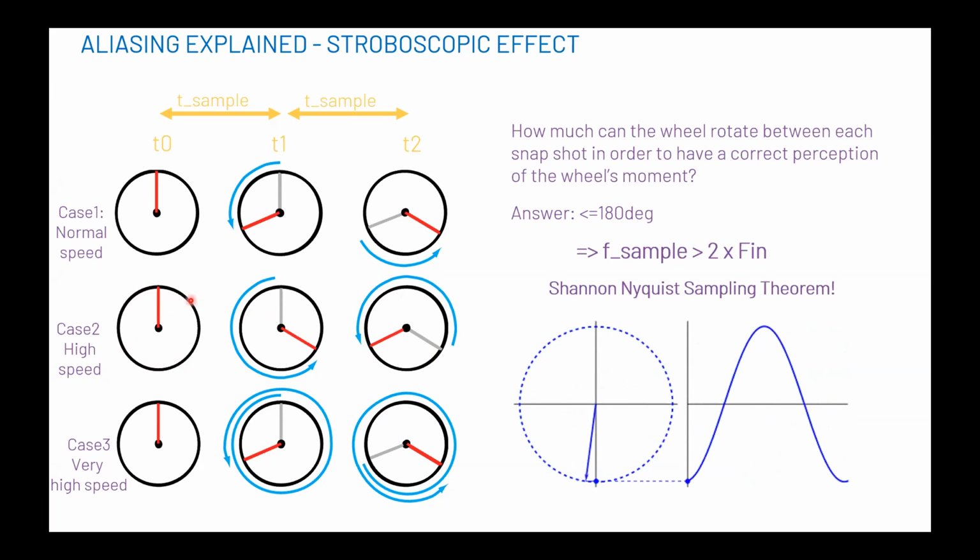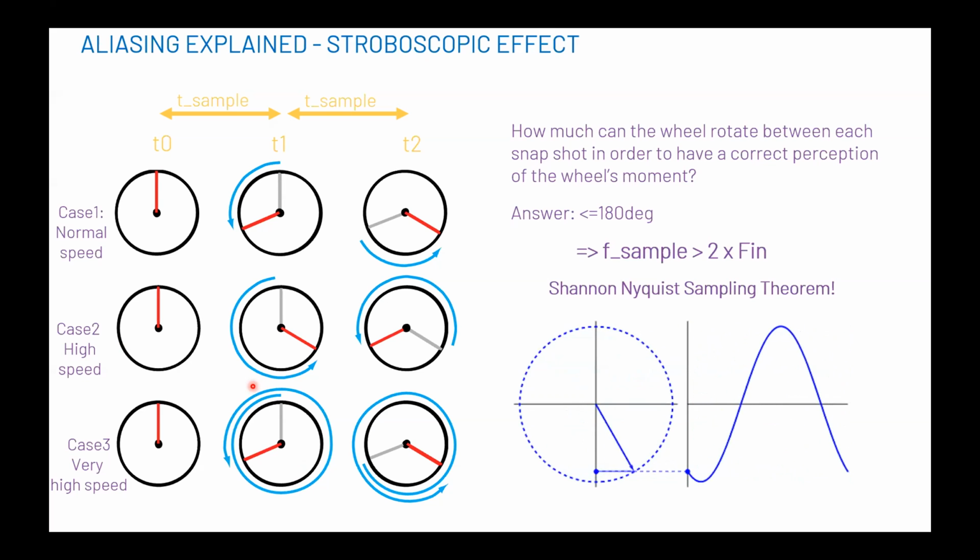I'll see this is 1, this is 2, and this is 3, which is not the case. And lastly, when it is very high speed, meaning at the first shot it goes by one complete cycle and then another 1/3, at T1 you will still think that it is very similar to your first case. So these are the different perceptions that would come out of your sampling speed.